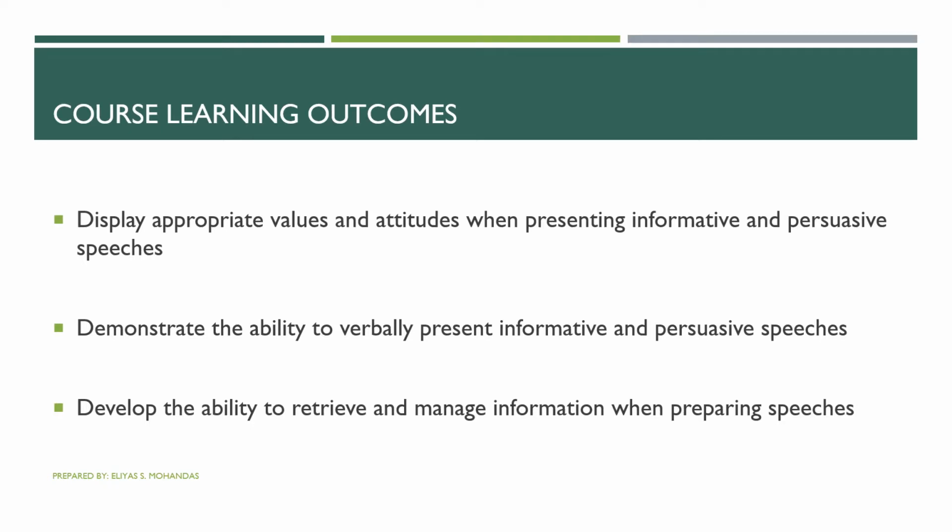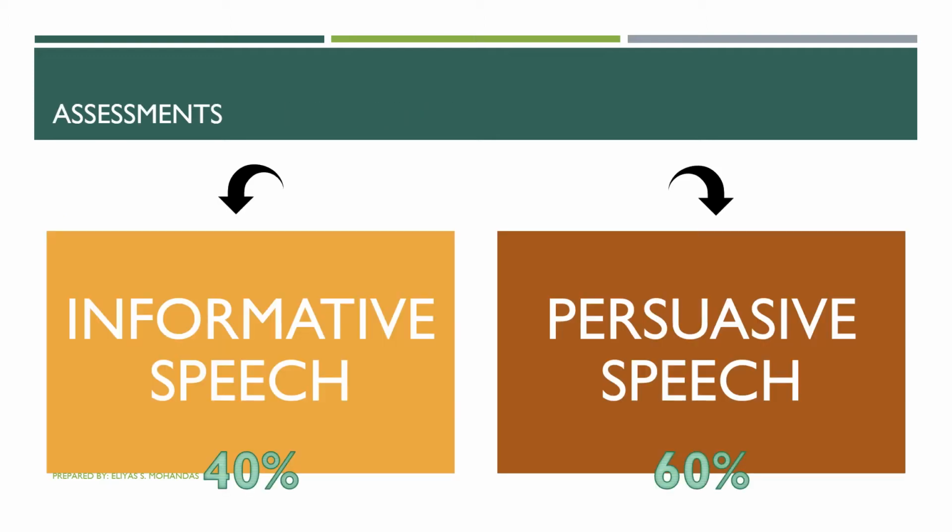These are the course learning outcomes, and I am pretty sure everyone can read this and understand this. This is very straightforward. I'll move on to the assessments. Now, when we talk about the assessments, basically this course consists of two main assessments. The first one is informative speech, and the second assessment is persuasive speech.